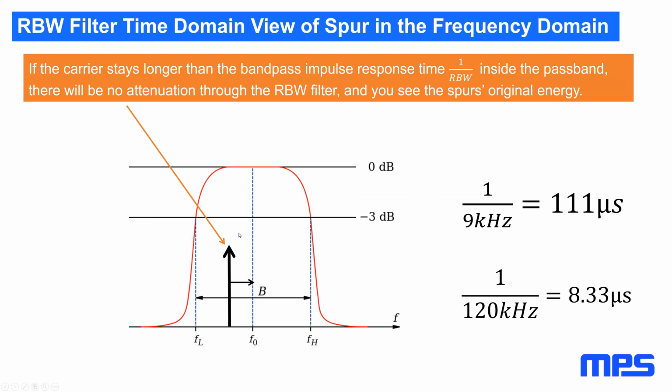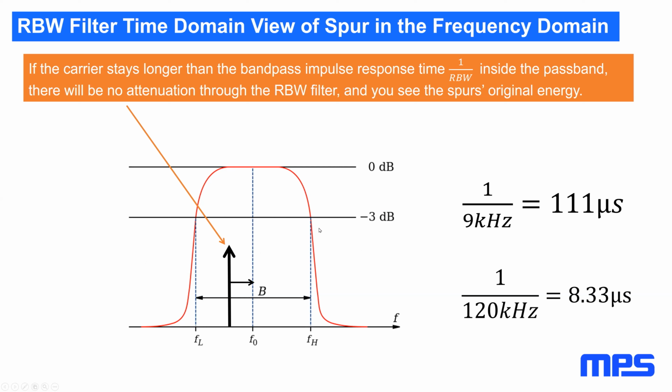So we know that a filter has a step response, which means as long as the spur is within that filter range, it will go up to full blast. If I am only a short time within this filter area, I have to make sure that I am within less than the settling time of a low pass with the same filter bandwidth to get any attenuation at all.